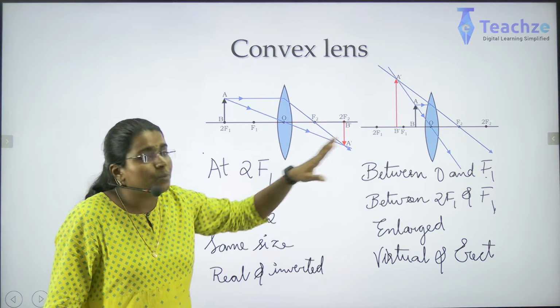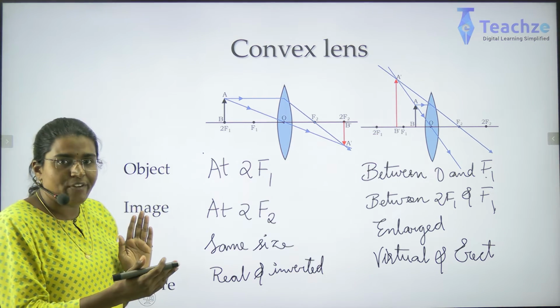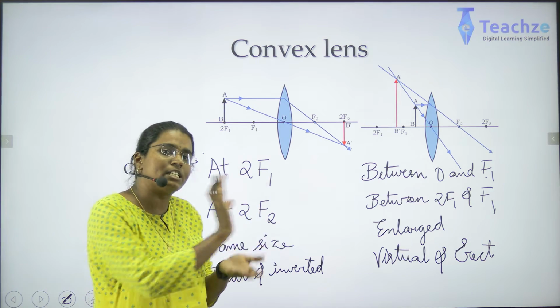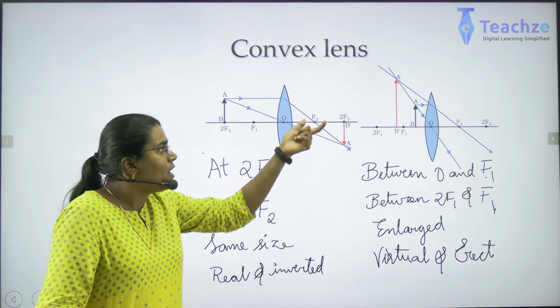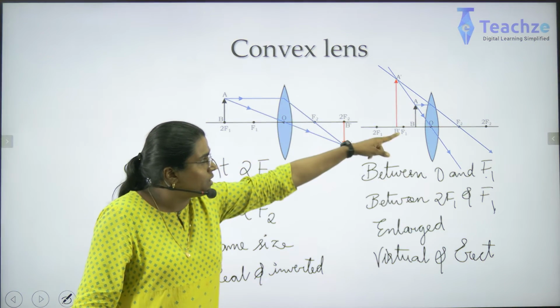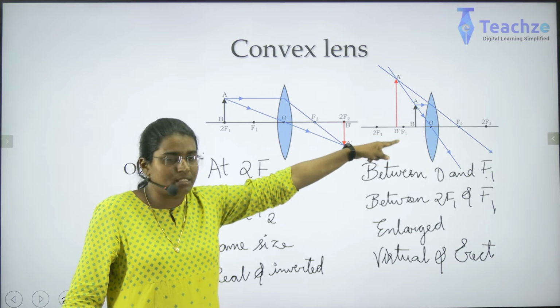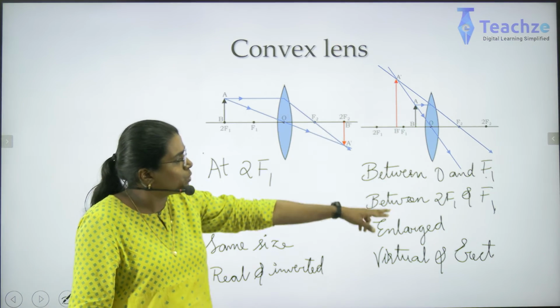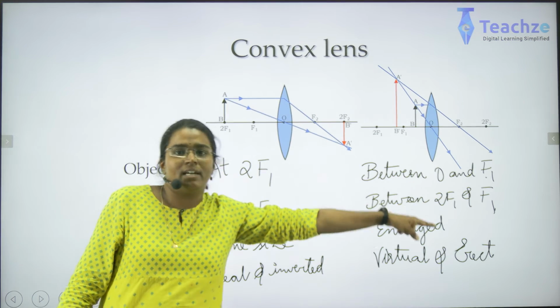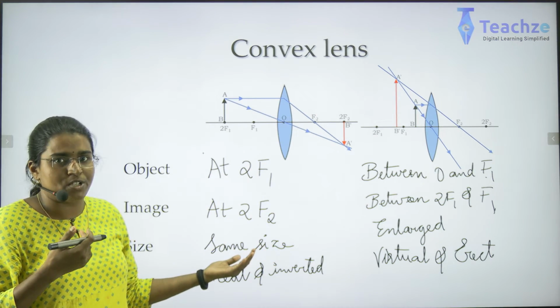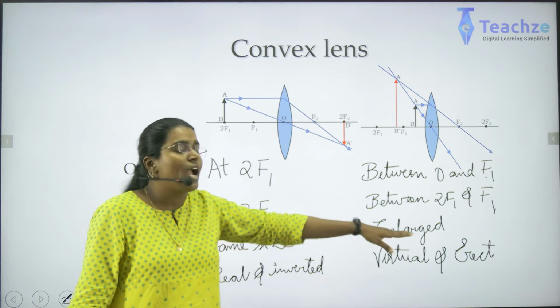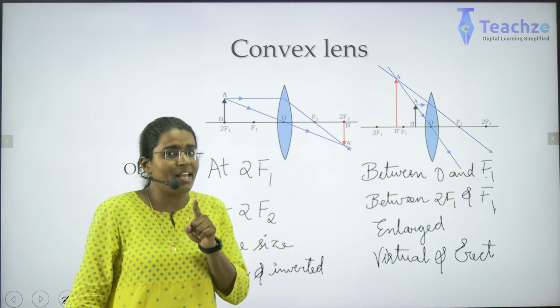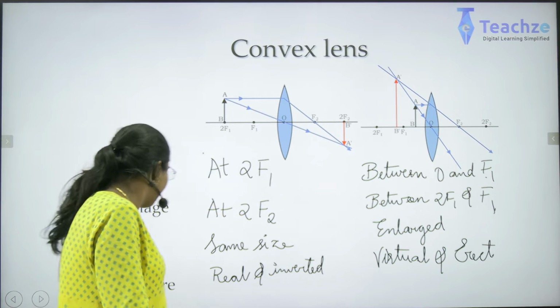When you keep the object between the optic center and F1, that is, you take the object a little closer to the lens, you'll get the image between 2F1 and F1 on the same side of the object. It will be enlarged, but virtual and erect, right?